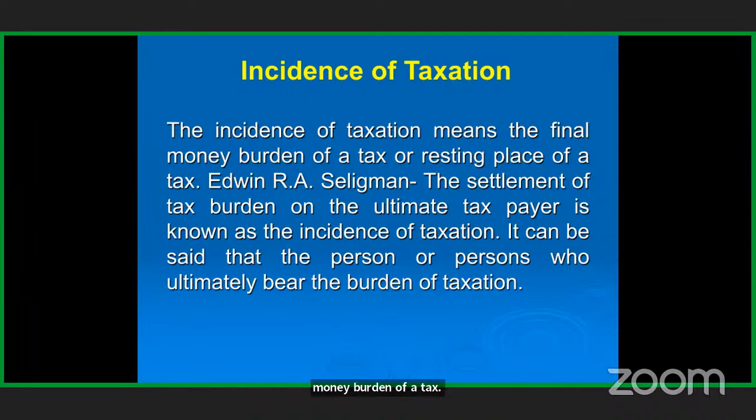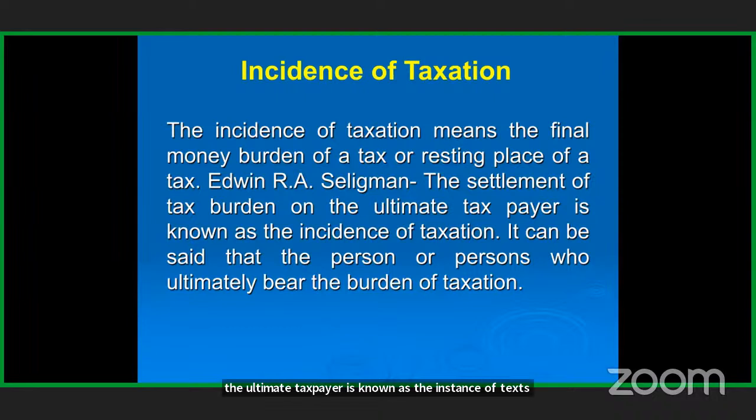So, the final resting place of a tax is known as incidence of taxation. According to Seligman, the settlement of tax burden on the ultimate taxpayer is known as the incidence of taxation.